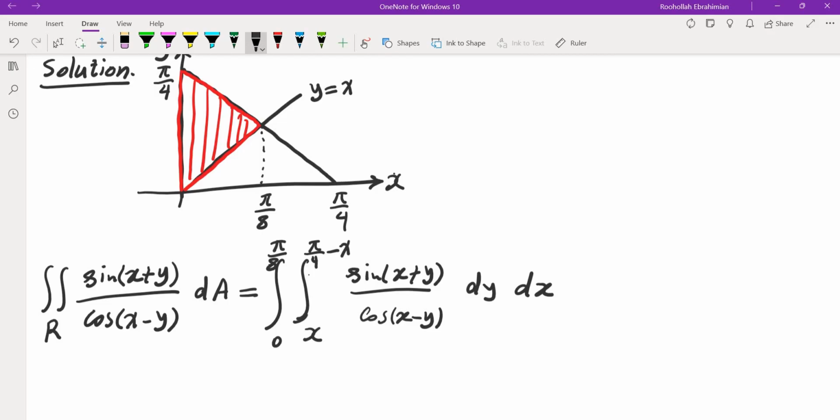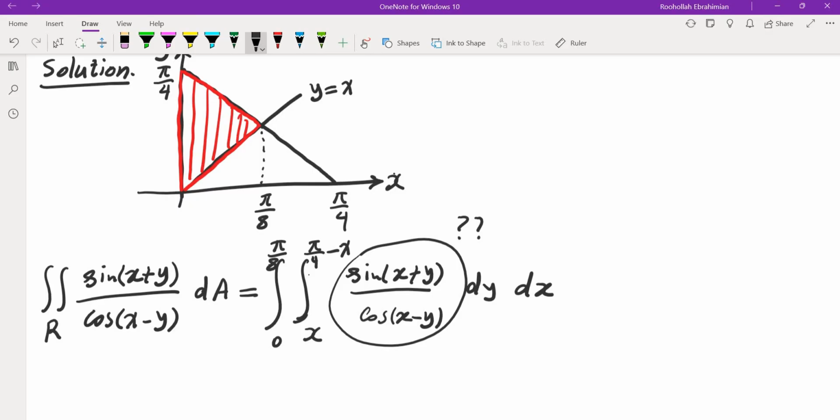Okay, now the problem starts. The problem is, how do we integrate this expression inside the integral? So how do we evaluate this integral? And this is not impossible, but it's a pretty difficult integral to evaluate. So because of that, we're going to use a different strategy. Even though the region is a nice region, the integrand is not nice enough for us to be able to evaluate the integral. So we're going to use a strategy to change the integrand.